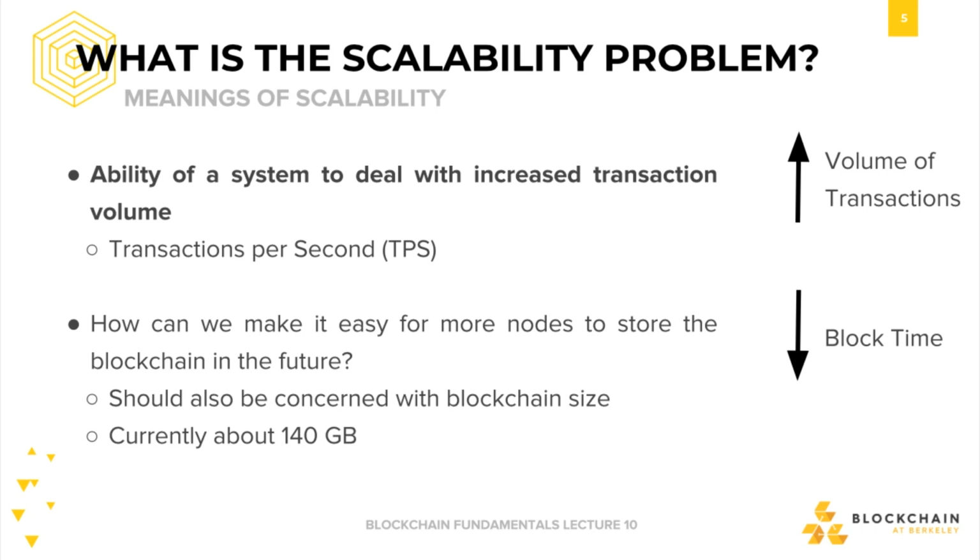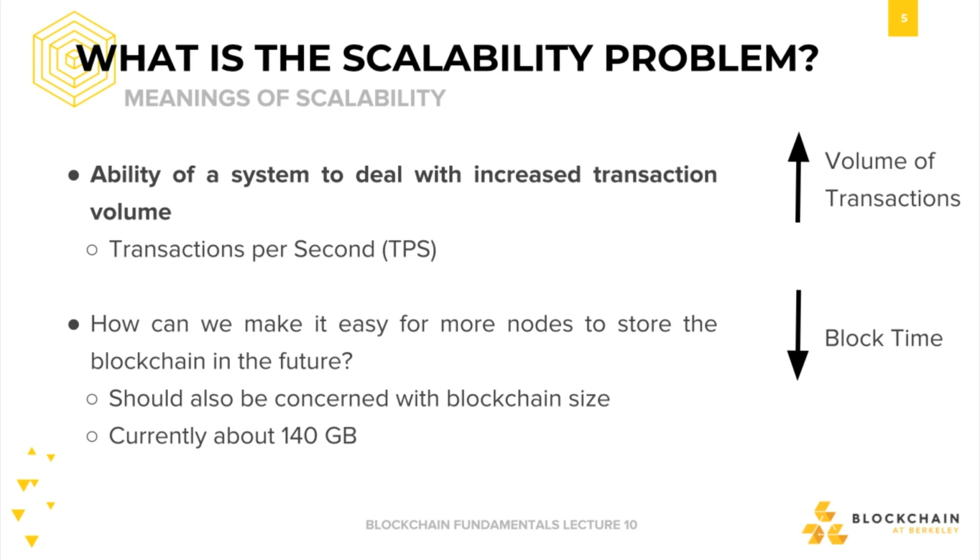Right now, the blockchain is about 140 gigabytes, which is a lot of memory. You're not going to run that on your phone. You're not even going to want to store it on your Mac. That's going to take up half your space. So how do we reduce that? And that's just in the past 5 or 6 years. Imagine if the blockchain is going to be around for a few thousand years. What's the size of it going to look like?